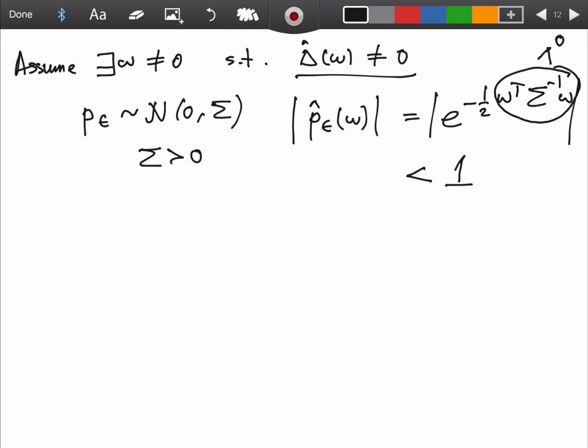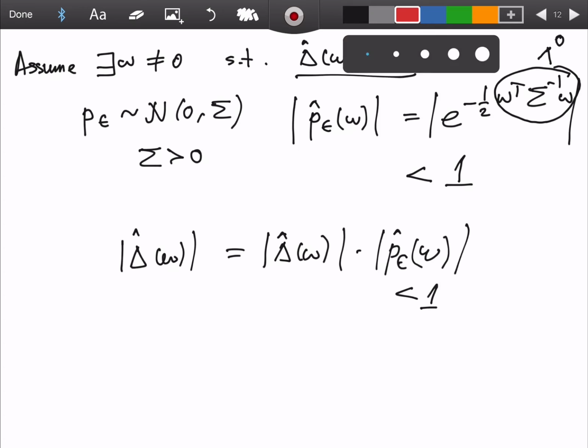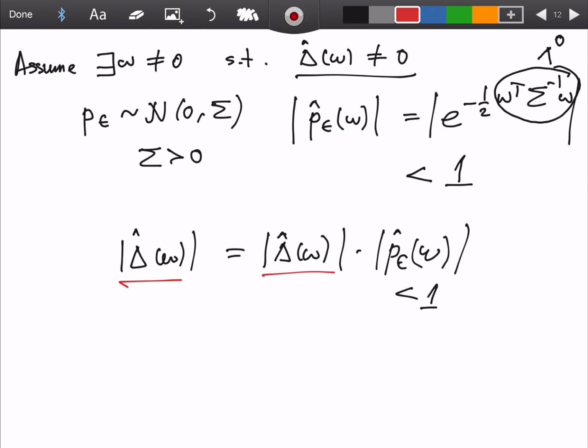Let's now plug it back into our equality. Our equality is telling us that the absolute value of delta hat omega equals the absolute value of delta hat omega times something that is strictly smaller than 1. Now this can only happen if these two absolute values are equal to 0, and we assumed that delta hat at this point is non-zero.